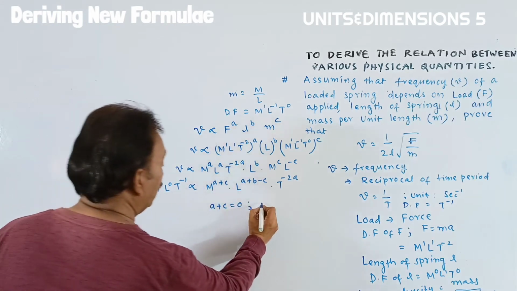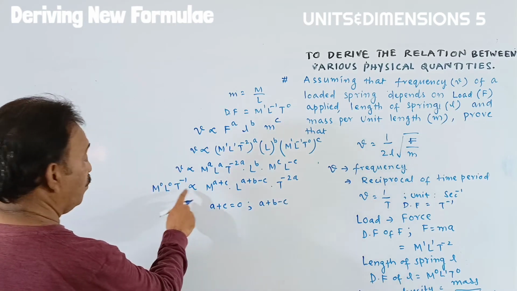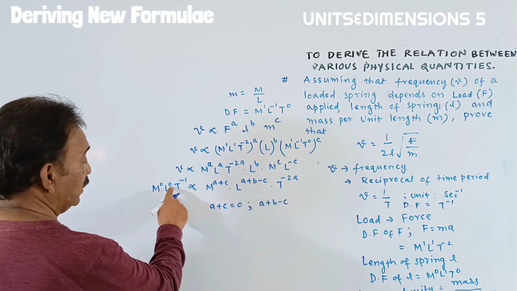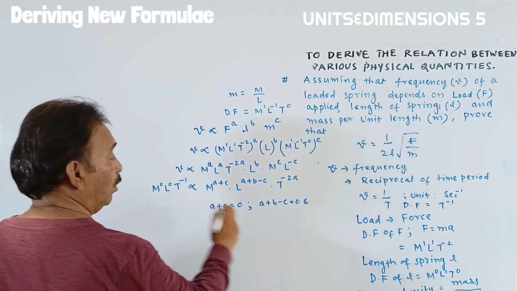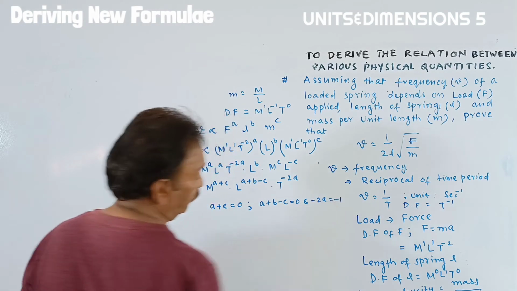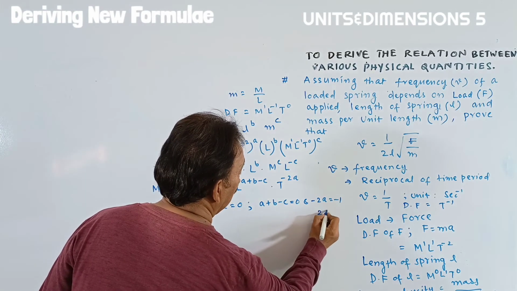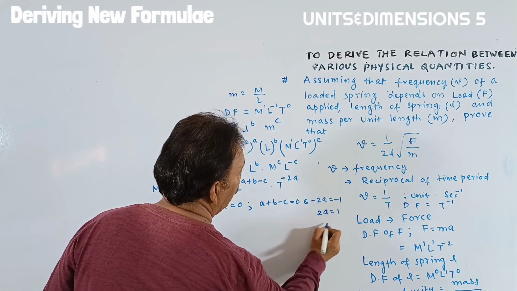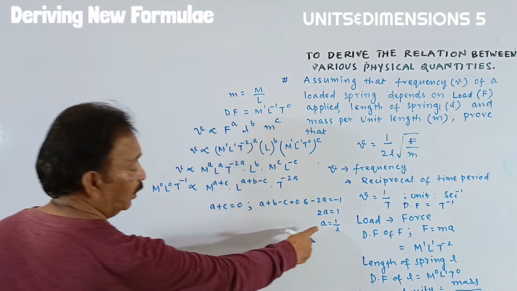Then a plus b minus c is equal to 0, and minus 1 minus 2a is equal to minus 1. Okay, and it can be written as 2a is equal to 1 and a is equal to 1 by 2.